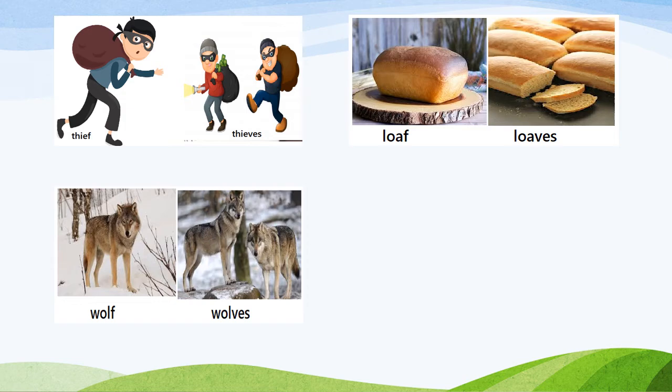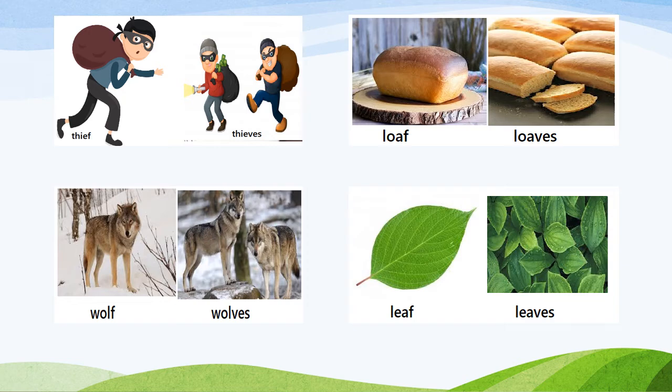Wolf, again it ends with F, so to make it plural drop F and add VES, it becomes wolves. Leaf is also ending with F, so drop F and add VES to make it leaves.